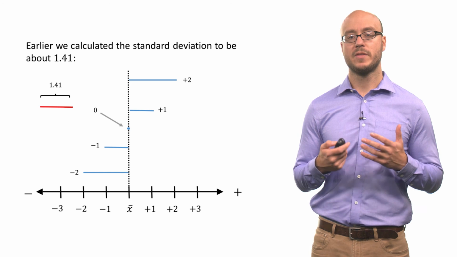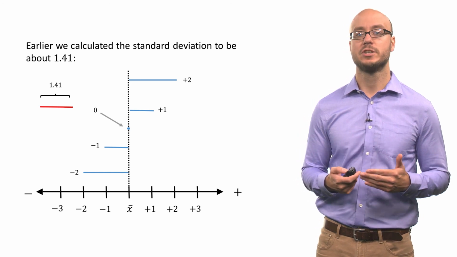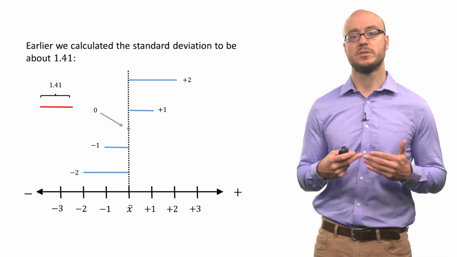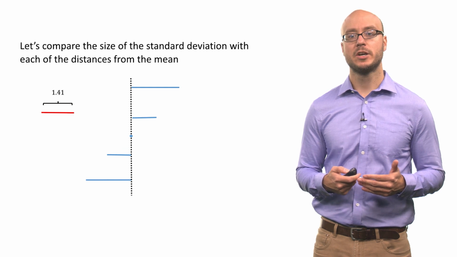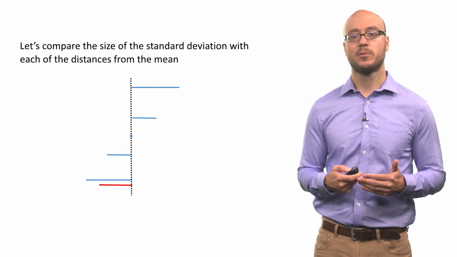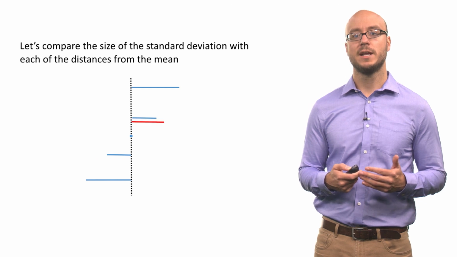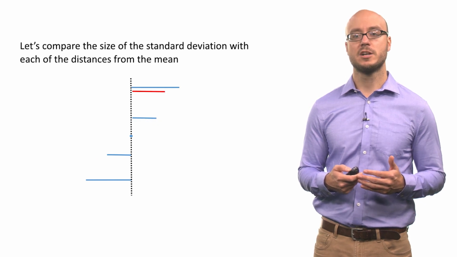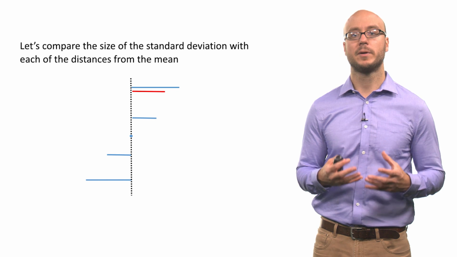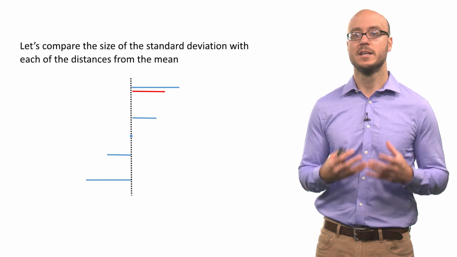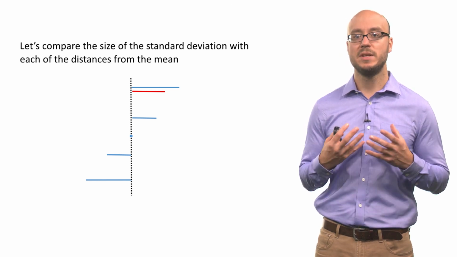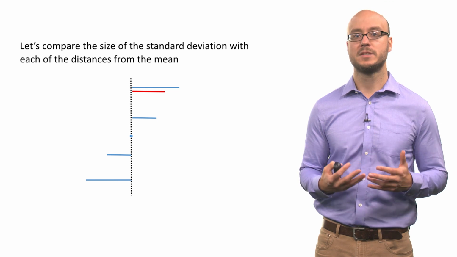Now, if we compare that standard deviation to the actual deviations or distances in our data set, you can see that it's pretty similar to these distances, but it's not the smallest, it's not the largest. It's kind of a typical distance from the mean. So the standard deviation can be viewed as a typical distance from the mean.